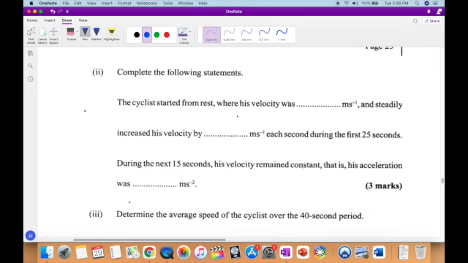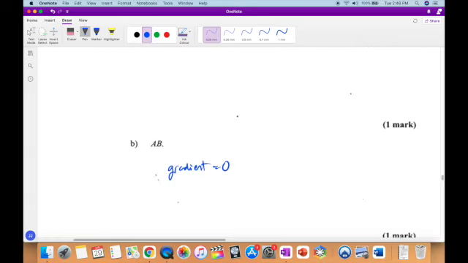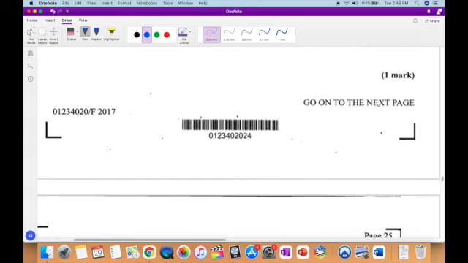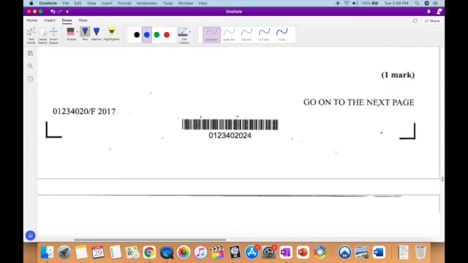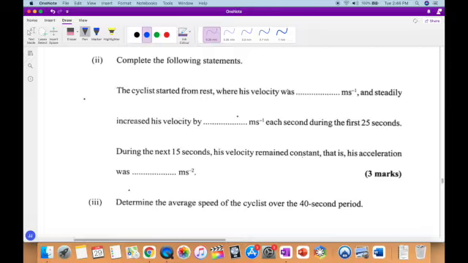Complete the following statements. The cyclist started running from rest where his velocity was, well, if he's running from rest, his velocity is 0, right? And let's put 0. And steadily increase his velocity by 2/5 meter per second each second, that is meter per second squared.